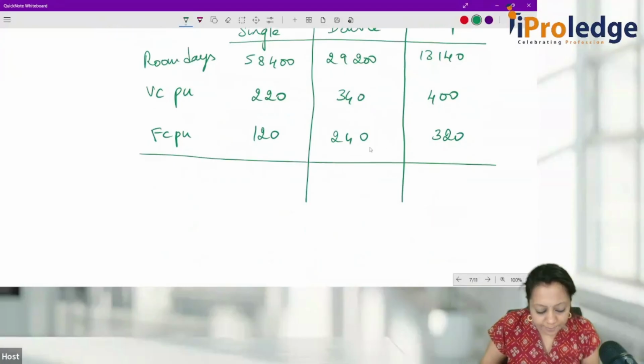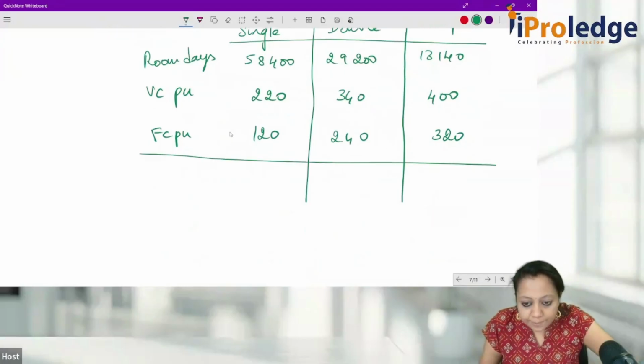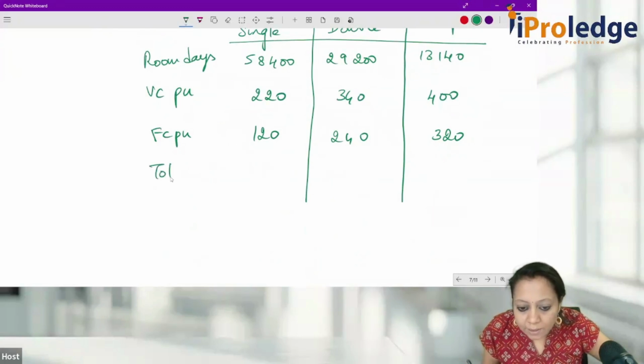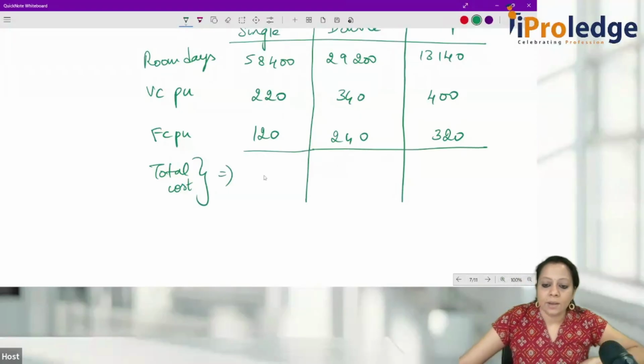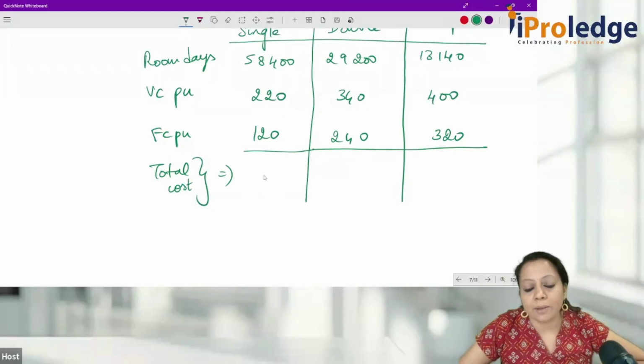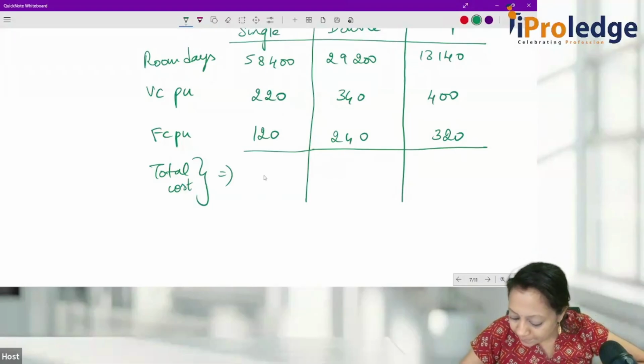So now total cost we should calculate. Okay. So how to calculate the total cost? Variable cost per unit also will take, fixed cost per unit also. Then we will multiply with the number of room days, right? So let us do the calculation, everyone.